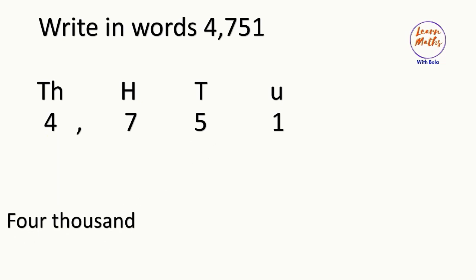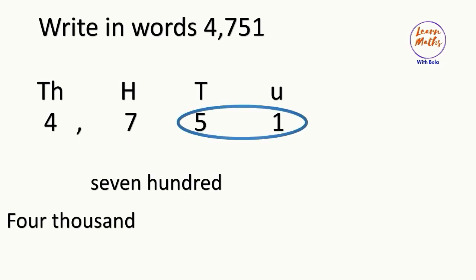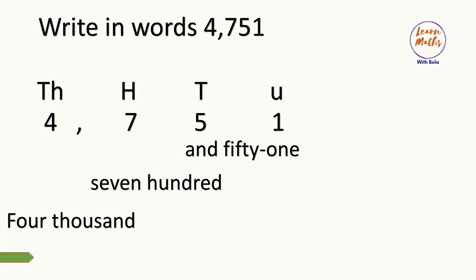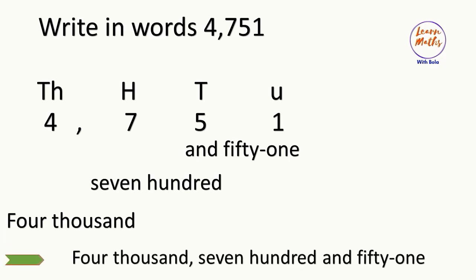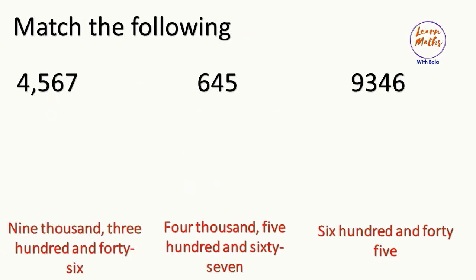Then the hundreds, you have 7, which will give me 700. The last two numbers are 5 and 1. So we write it as 51. So the answer will be 4,751.